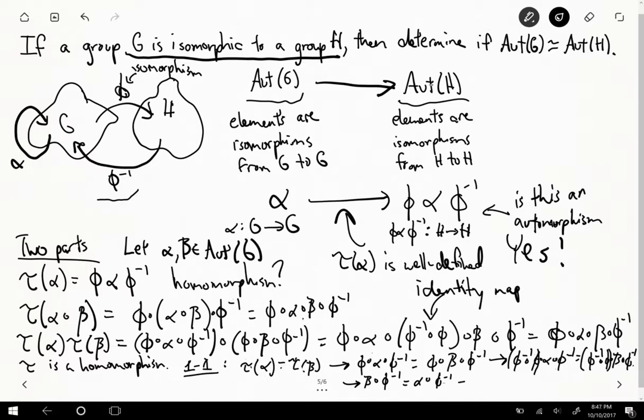We should get, so you can go beta composed with phi inverse, and let's say we started with that new function phi, and you have alpha composed with phi inverse composed with phi, and notice that it means beta equals alpha. Alright, so what does that mean? So tau is 1 to 1.